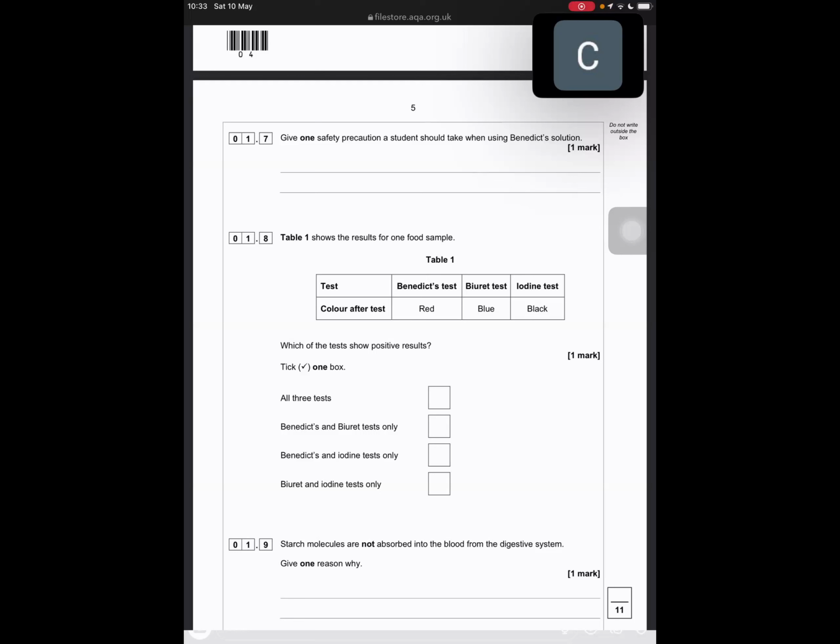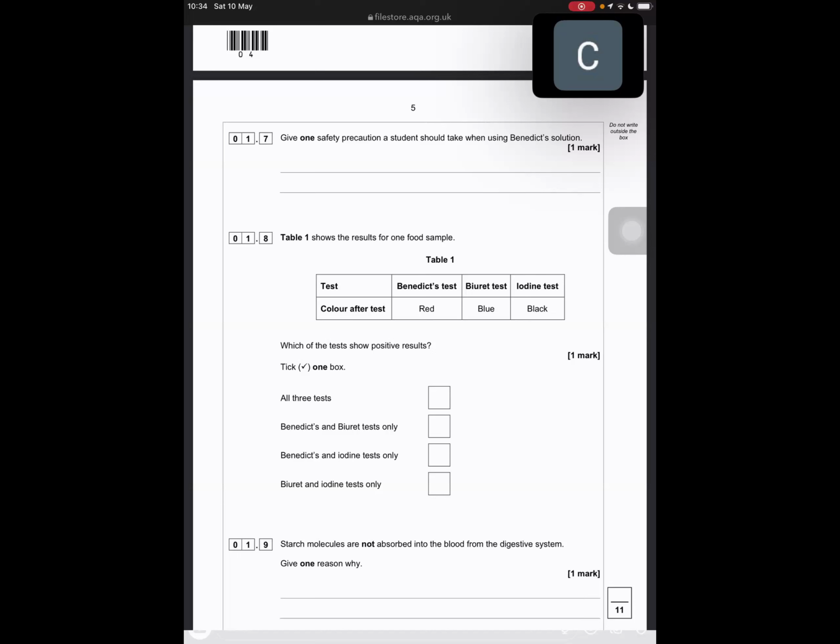Table one shows the results for one food sample. Benedict test is red, biuret test is blue, iodine test is black. Which of the tests show positive results?